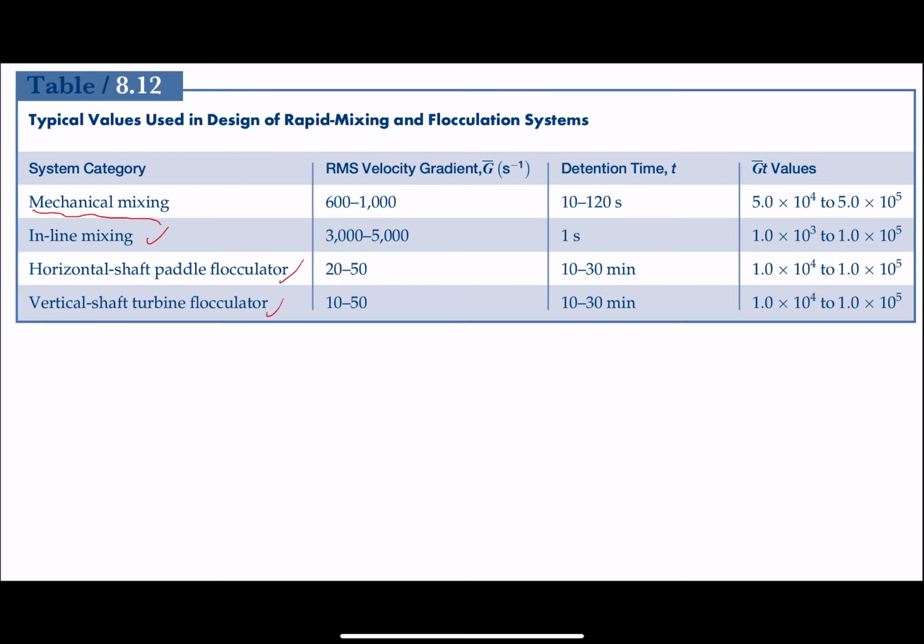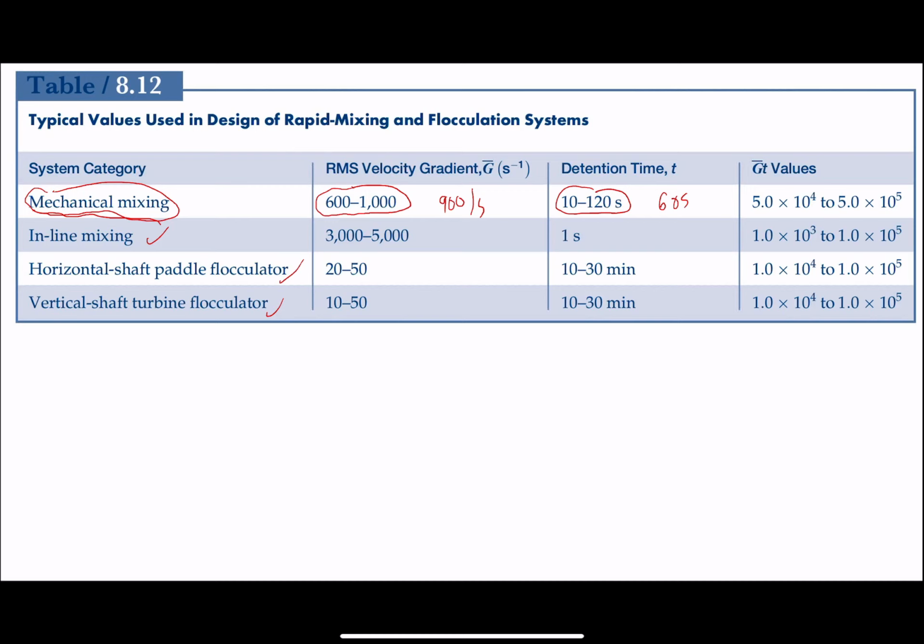But for this book, it chooses mechanical mixing. So the RMS velocity gradient, the G', is from 600 to 1,000. So the book found 900, which is in the range between 600 to 1,000. So we choose 900 per second. And the detention time, we found 60 seconds. We are still in the range.